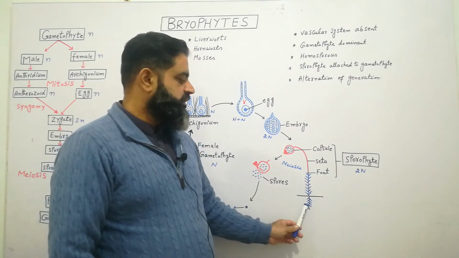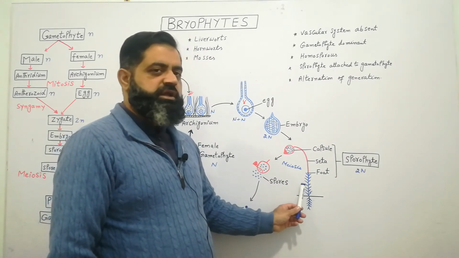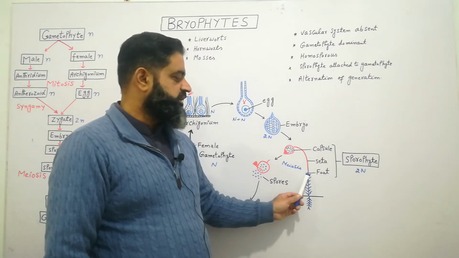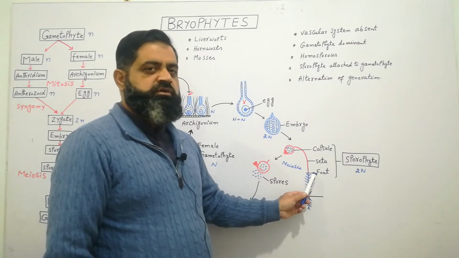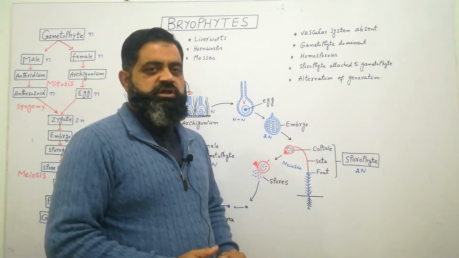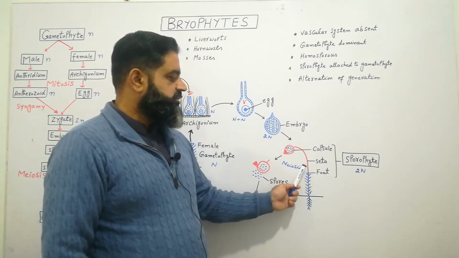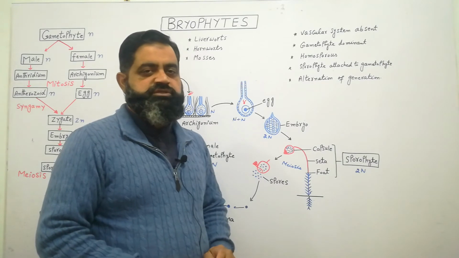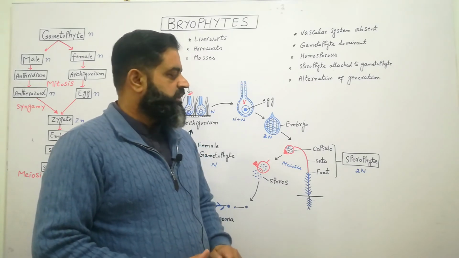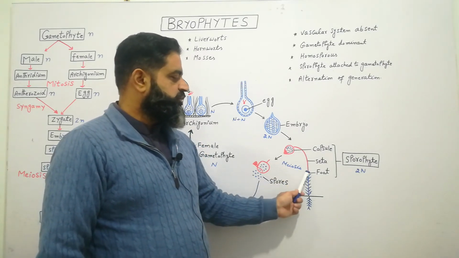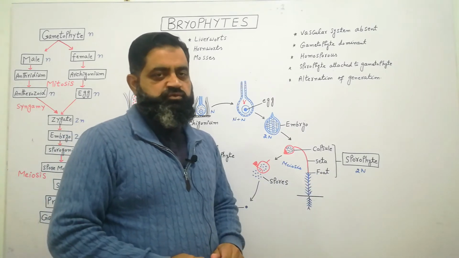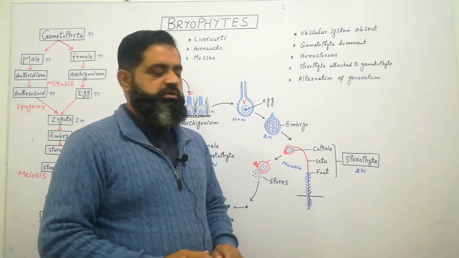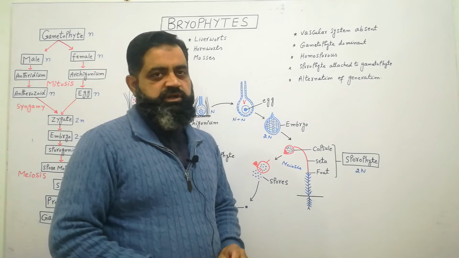The sporophyte contains a root-like foot by which it attaches to the gametophyte, a stem-like structure which is known as the seta, and a capsule which produces spores. This sporophyte is inconspicuous and totally dependent upon the gametophyte for its nourishment and food.